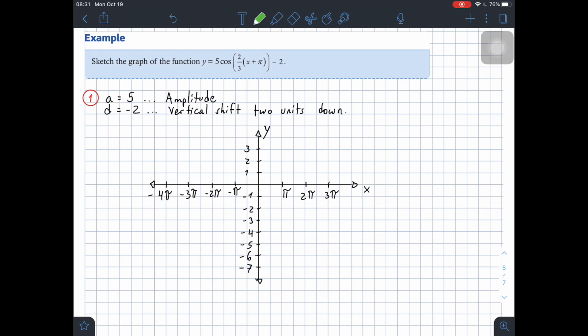Because remember, when there is no vertical translation, my axis would always be at the line y = 0. But when I have a vertical shift up or down, my axis moves. So now the axis of my trigonometric function is right here, this green line over here. Let me write this as axis of the function.